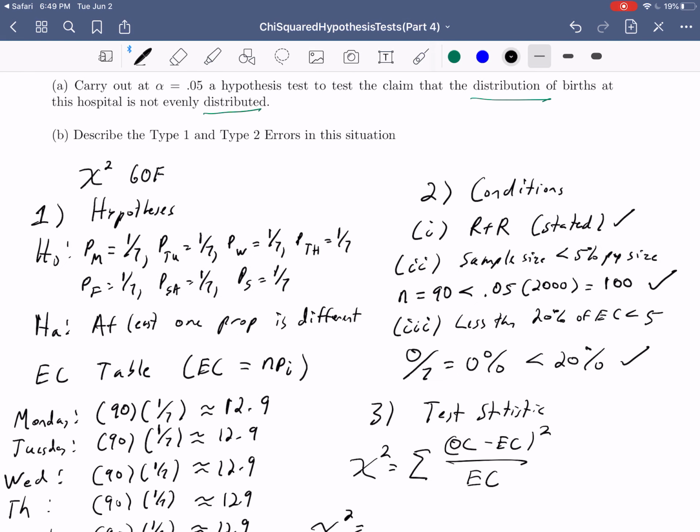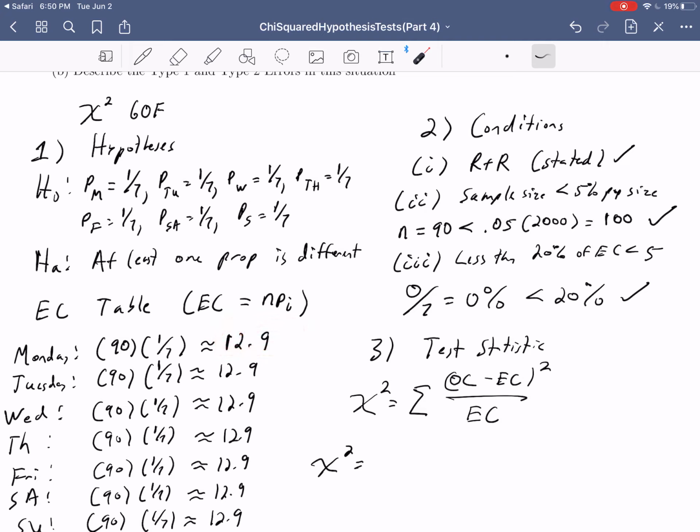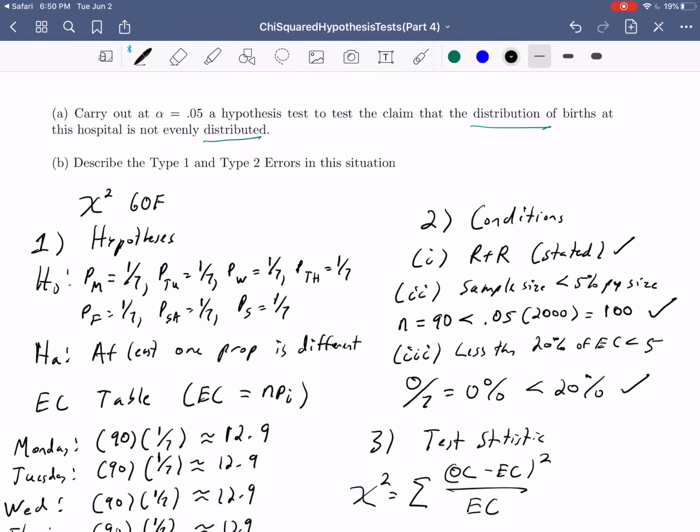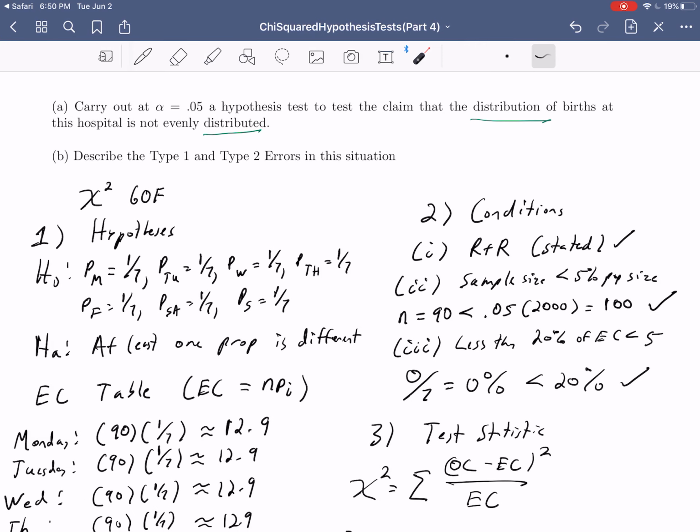So the first component of the chi-square test statistic would be that we observed 10 births on Monday versus an expectation of 12.9. So (10 minus 12.9) squared and then divided by 12.9. First part of our test statistic here should be 0.65. Then plus, next one, we observed 12 against an expectation of 12.9.